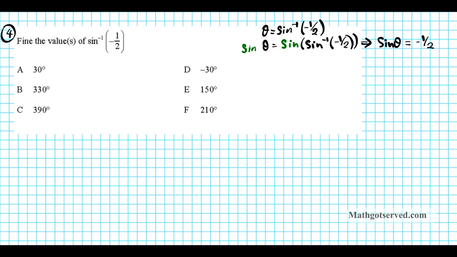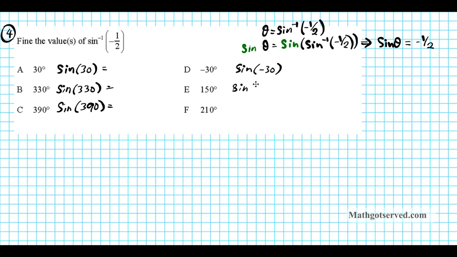Alright, so let's write down the expression I'm going to be plugging into my calculator. I'm going to be looking for sine of 30 degrees, sine of 330, sine of 390, sine of negative 30, sine of 150, and then sine of 210.